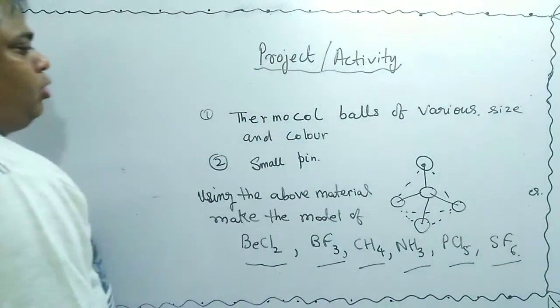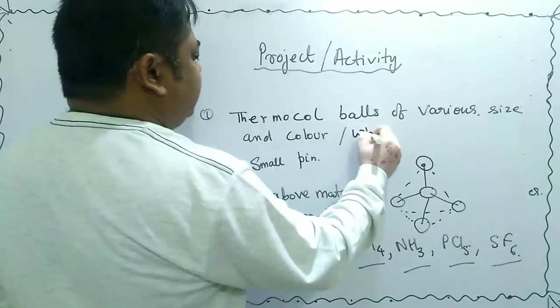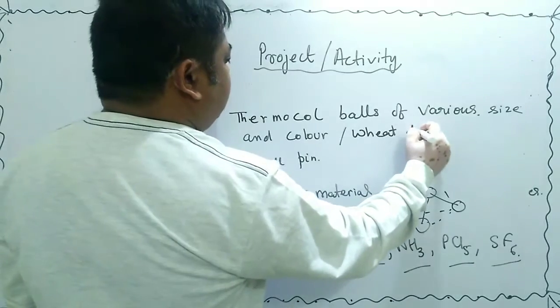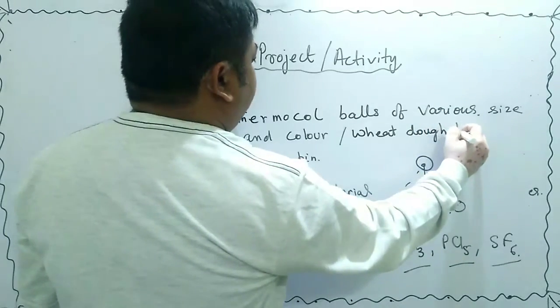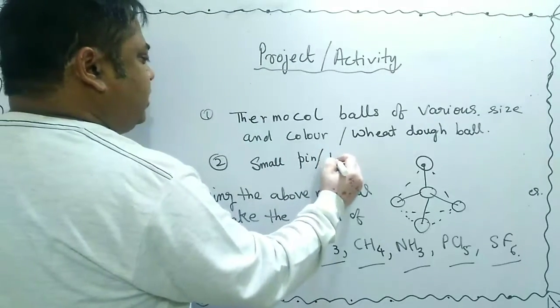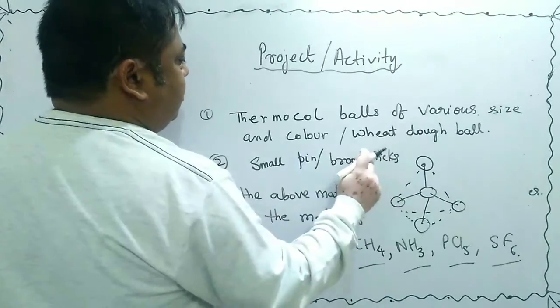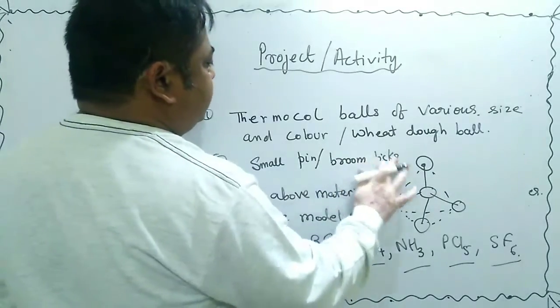You can take these balls. If you don't have these balls, instead of this you can take wheat dough balls, and instead of small pins you can use broomsticks. Broomsticks can also be used.